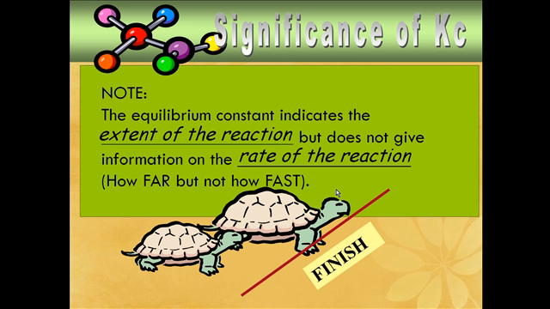It gives us very little products. So Kc in this case will be very small, but this reaction can take place maybe in a second. Kc cannot tell us whether the reaction will take 1,000 years or a second.